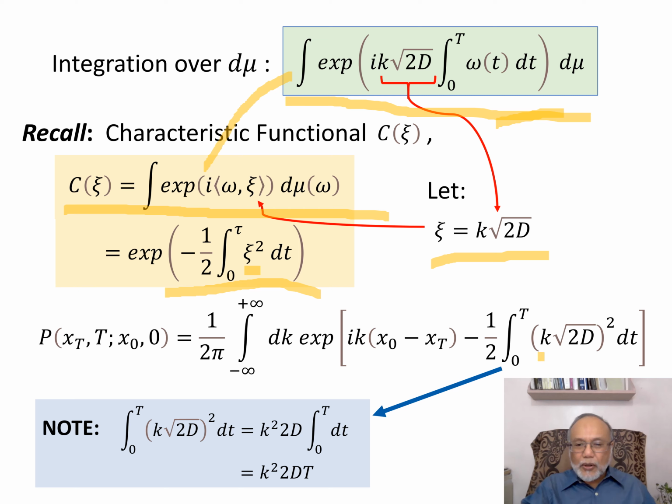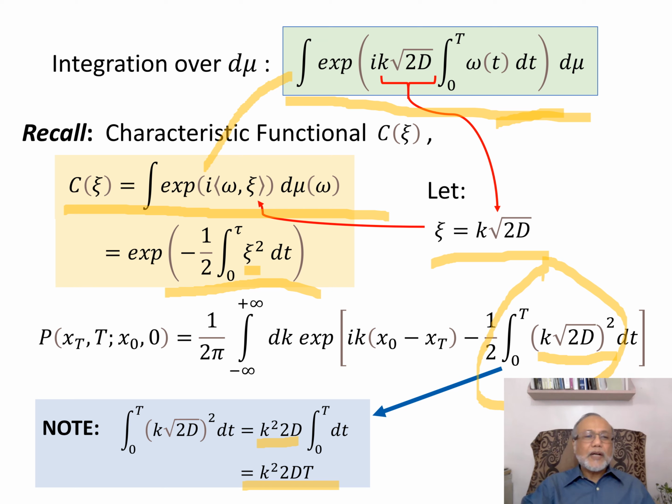So now we have accomplished one integration, which is the integration over the Gaussian white noise measure. Now this is straightforward. Square root of 2d and k are just constants, so you can take them out of the integration over time. So this part here would just be given by k squared over 2 dt.